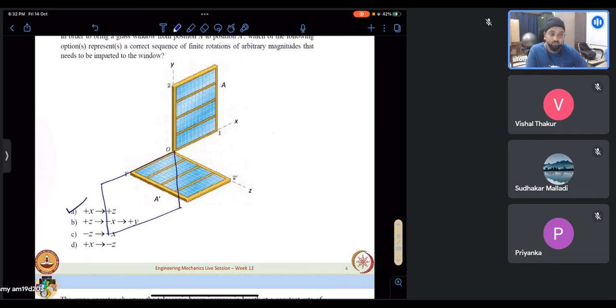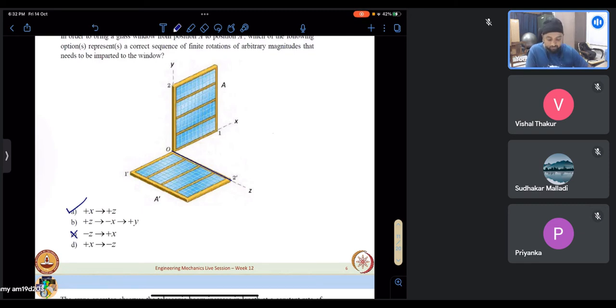After this, no matter what rotation I provide about the x-axis, the longer arm is parallel to the x-axis and can never be perpendicular, whereas our final configuration has a longer arm perpendicular to the x-axis. So option C can never help us reach the final configuration from A to A prime.